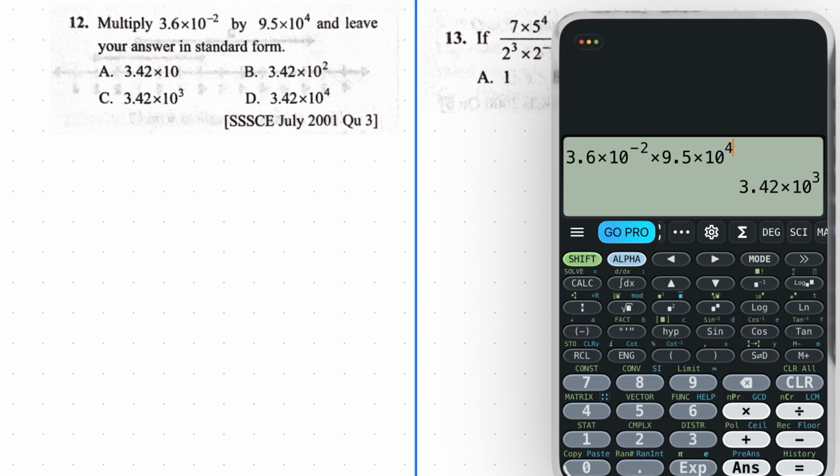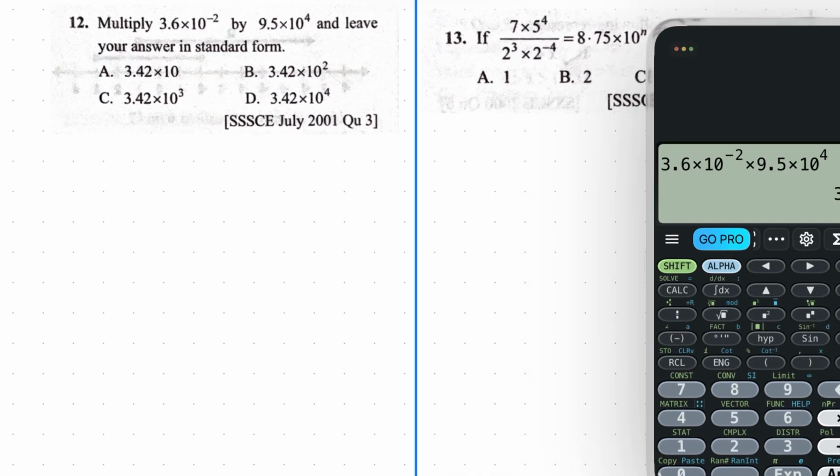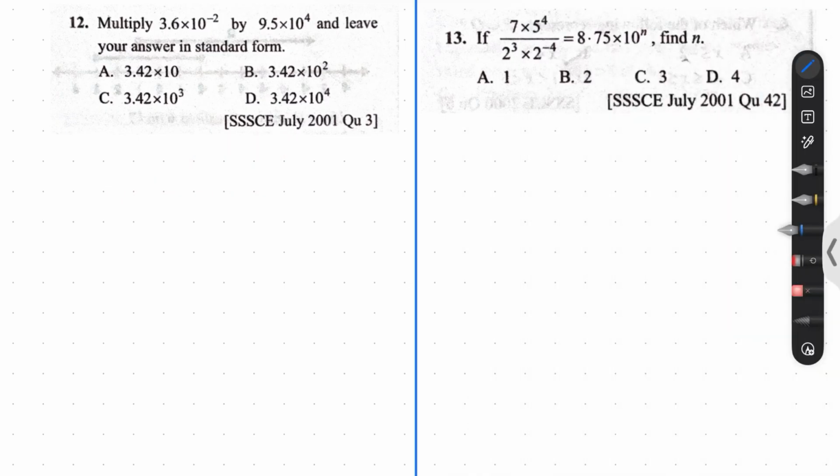So this is our answer, 3.42. Let's write it down. 3.42 times 10 to the power 3, right? Okay. So we have 3.42 times 10 to the power 3.